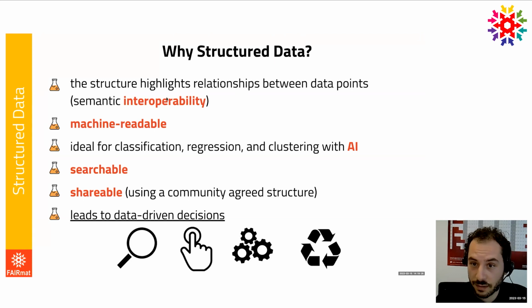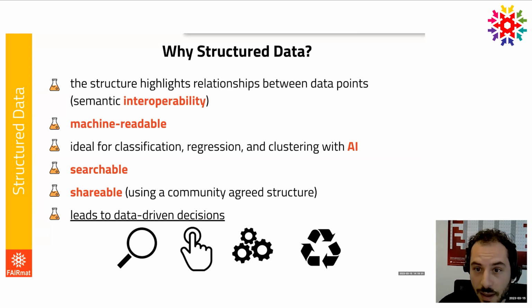So this first point is also making the data machine readable. And after that, machine readability is also closely connected to the possibility of applying AI methods to our data. Further advantages that one can get with structure are also the searchability of data and the shareability, due to their standard structure that makes them homogeneous across the database and interpretable by other people too.